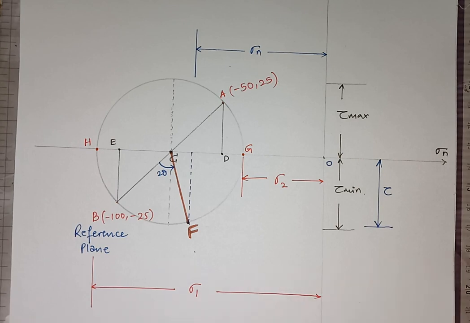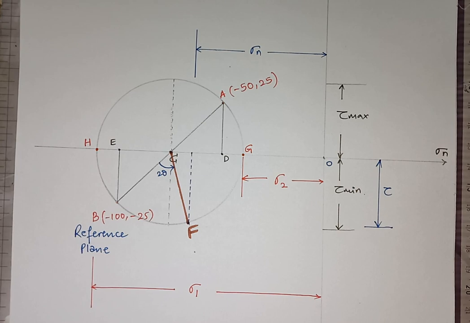Now at last let us locate some angles. In order to locate the angle, we always make use of the reference plane. So first let us locate the angles of maximum and minimum principal stresses.